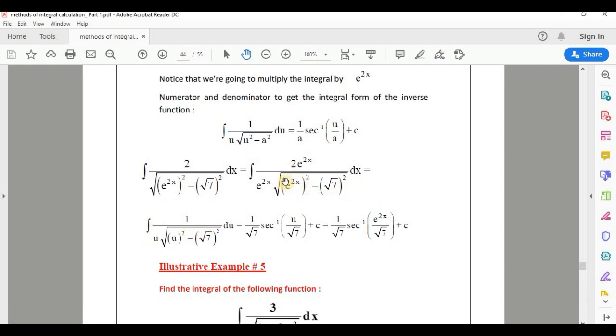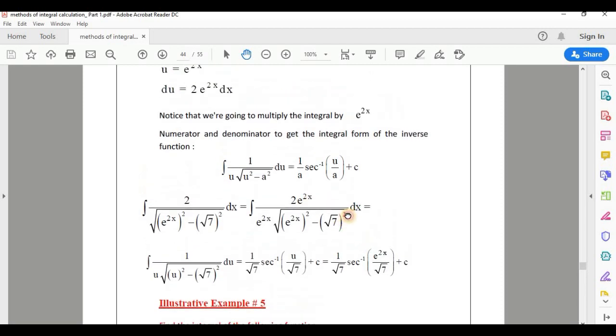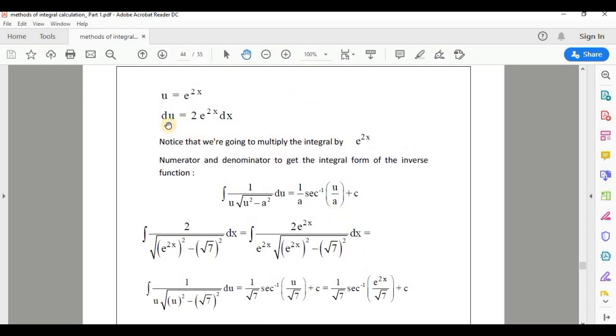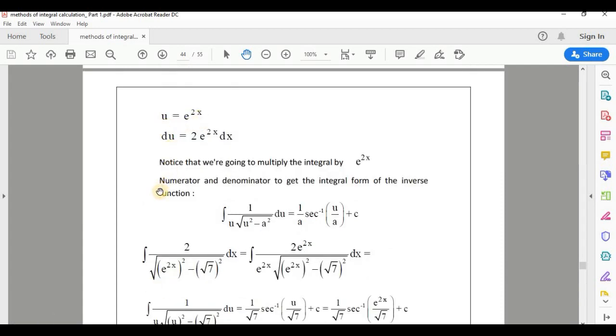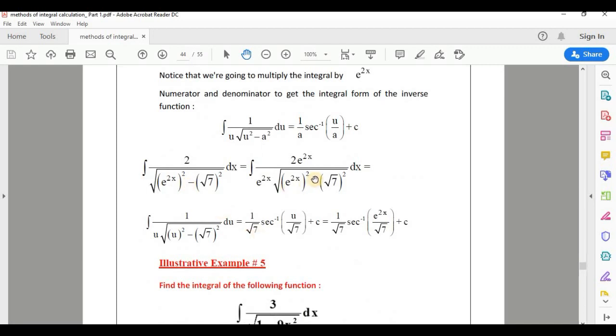The next step, we will substitute the integration with the variable u. It will be the integral of 2e to the power 2x dx. This one will be du. This part will be du. Under root e to the power 2x will be u. e to the power 2x will be u from that assumption.